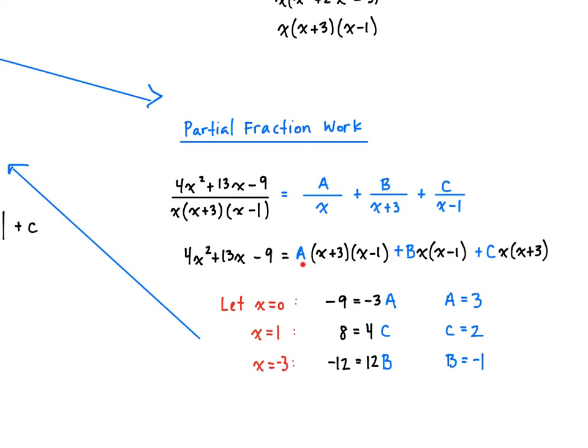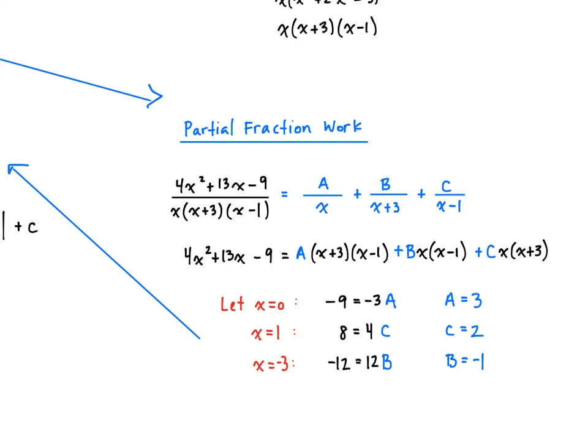So we're just left being able to solve for A. When we plug 0 in for x, the left side gives us negative 9. 0 plus 3 is 3, and 0 minus 1 is negative 1, times 3, we get negative 3A, so we can solve for A. If we let x equal 1, this term is going to go away, same with B, and we'll be able to solve for C. Plugging 1 into the left side, we get 8. Plugging 1 in over here, we get 1 times 4, so we get 4C, so C is 2.